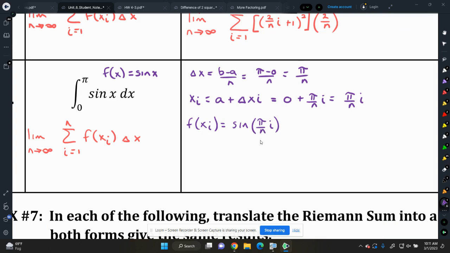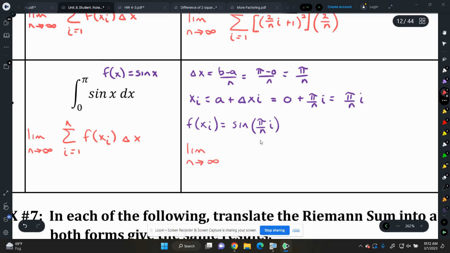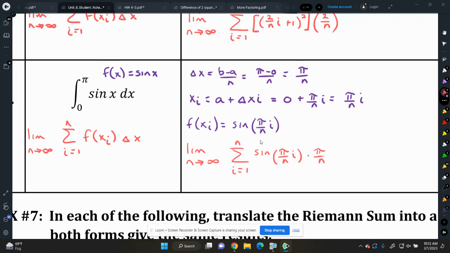Okay, so we're looking at the limit as n approaches infinity of the summation from i equals 1 to n of sine of (pi over n times i) times pi over n.